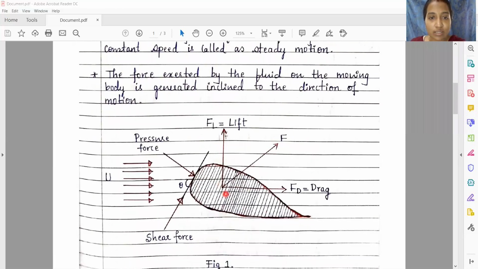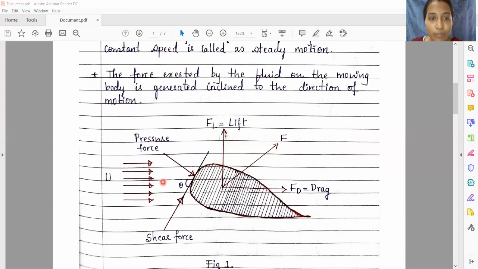See here, we have one stationary body, where the pressure acts perpendicular to the body and the shear force acts parallel to it. The x-axis we indicate as drag, and the y-axis as lift.